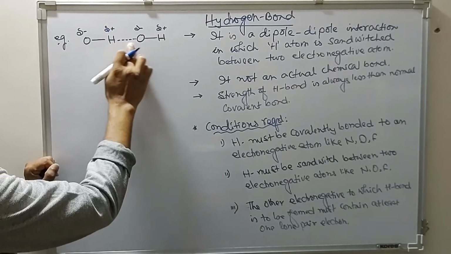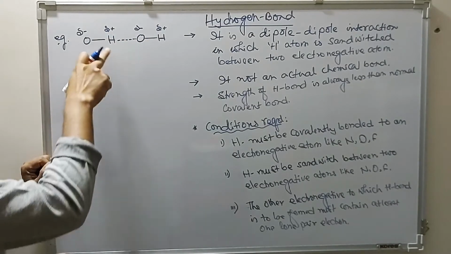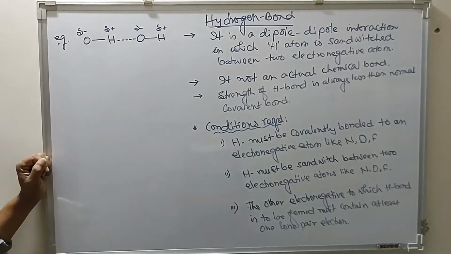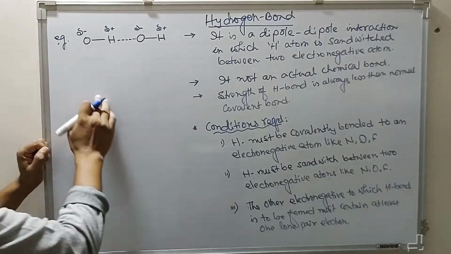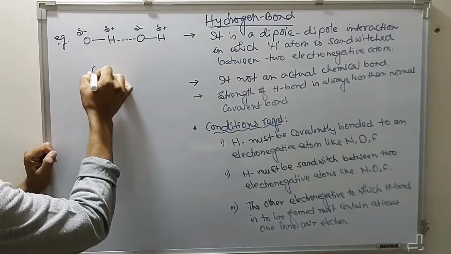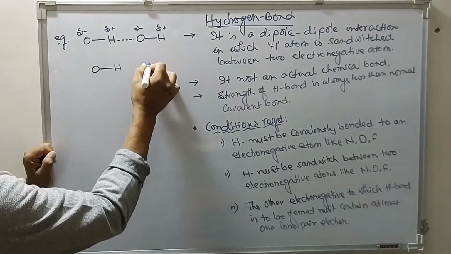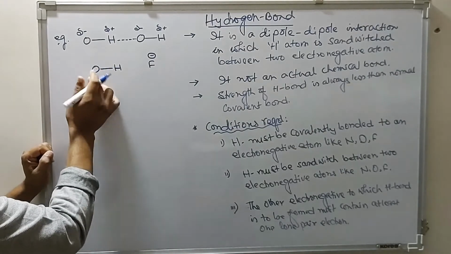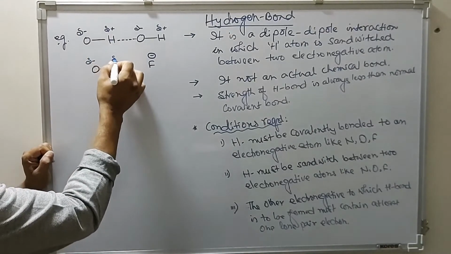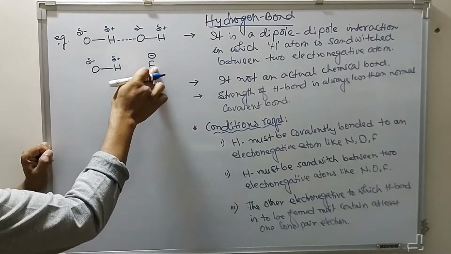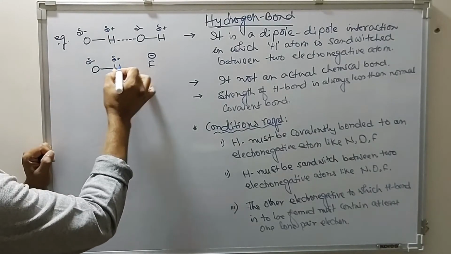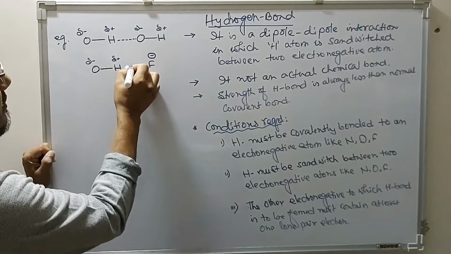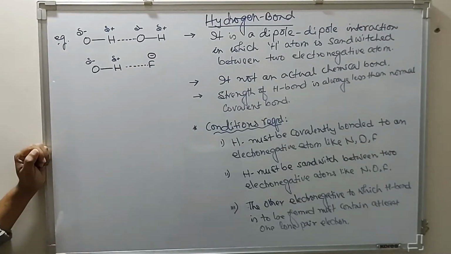This bond, which is not an actual chemical bond but a dipole-dipole interaction, is what we call hydrogen bond. Similarly, we can also have OH and F minus. This is a very strong electronegative atom, so this hydrogen is sandwiched between two electronegative atoms, and this forms a hydrogen bond.